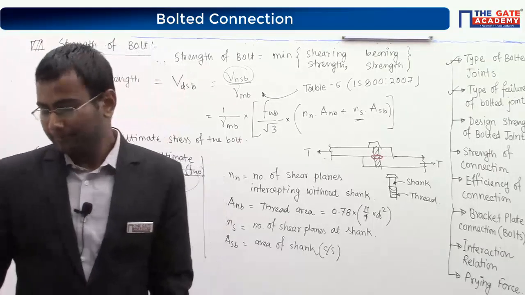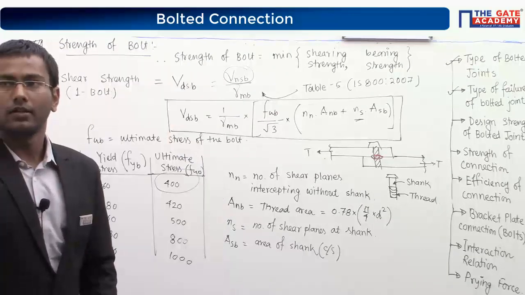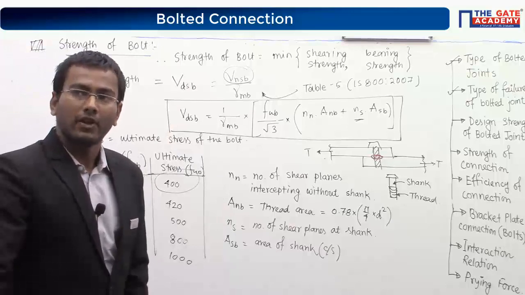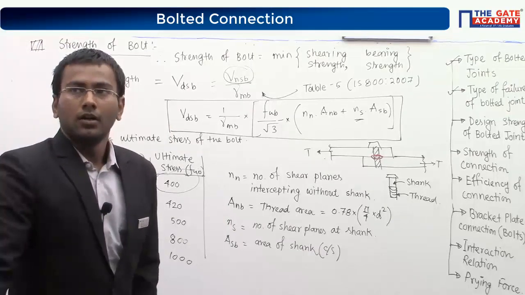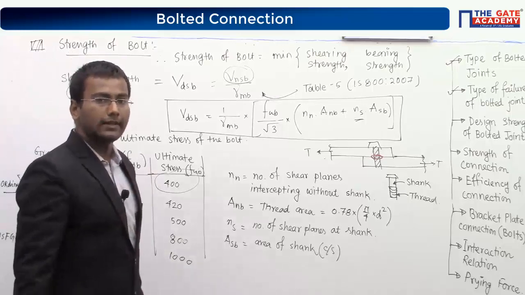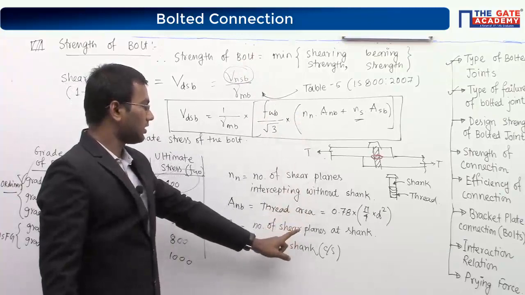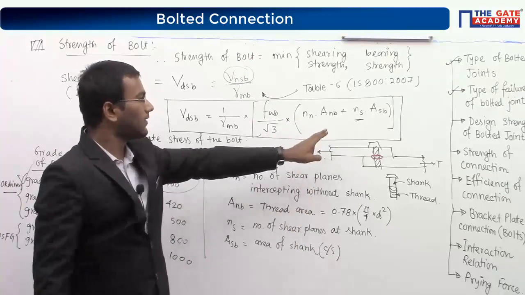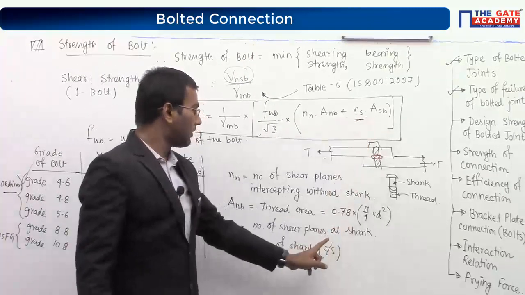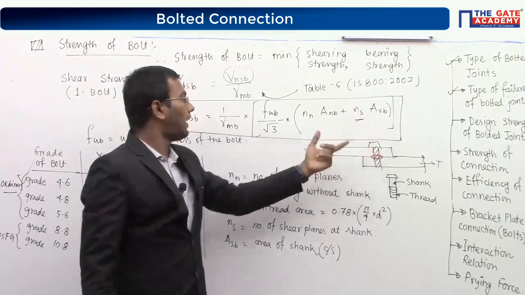Why should we consider the thread? Correct, lower area. Now looking at the equation, if I take shank, the shank area will be more. If area is more, the entire Vdsb value will be more.